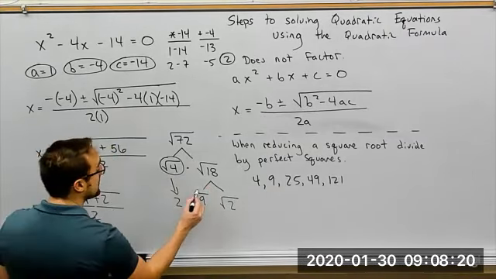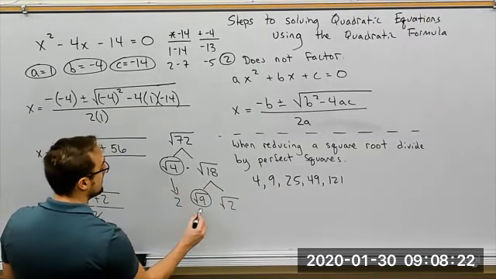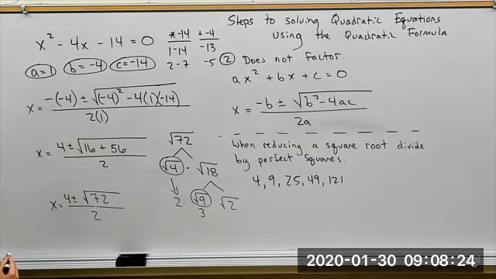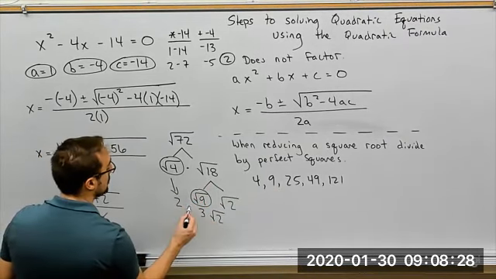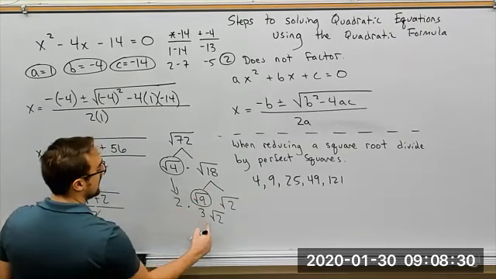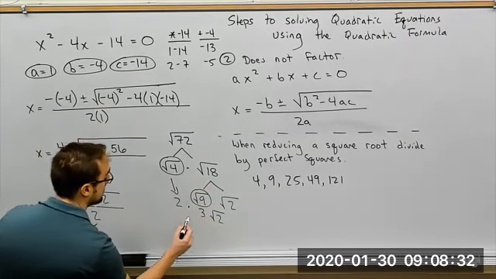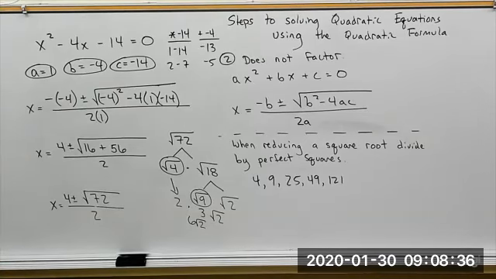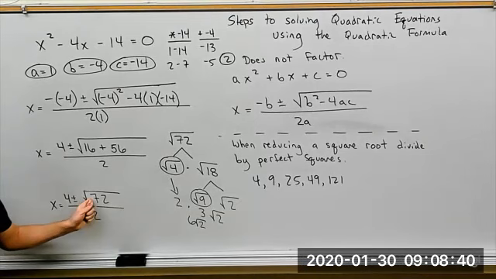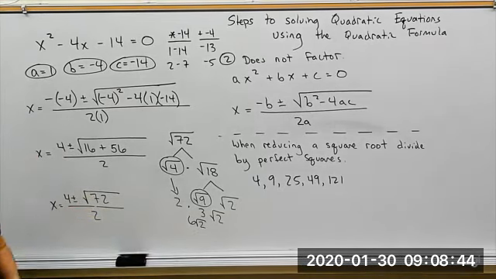And we know the square root of 9 is 3. And the square root of 2 cannot be reduced, so we're going to leave it as 2 times 3 times the square root of 2. Well, 2 times 3 is 6. That's 6 square roots of 2. That is how the square root of 72 is reduced. The square root of 72 is 6 times the square root of 2.